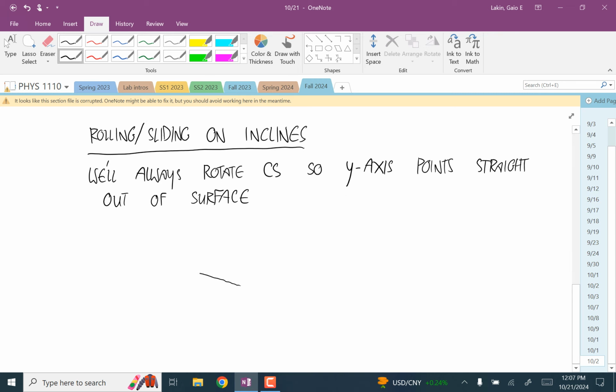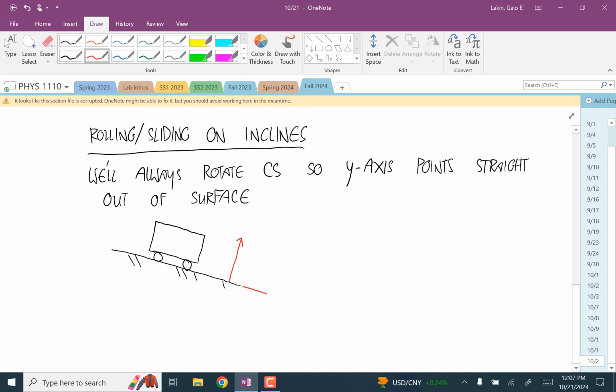So if we have an incline like this, the coordinate system we're going to use is going to have the y-axis pointing directly perpendicular, straight out of the surface.